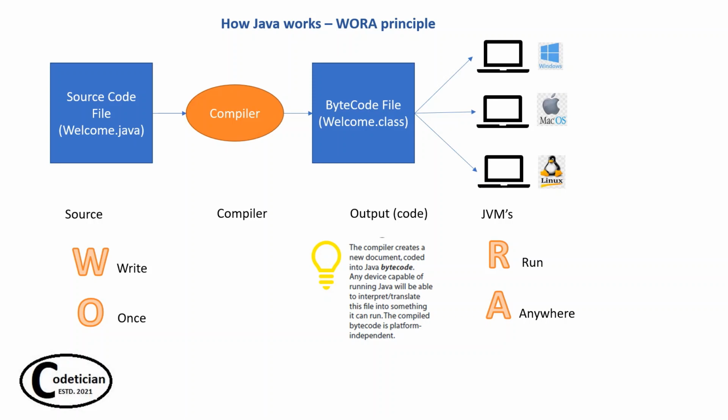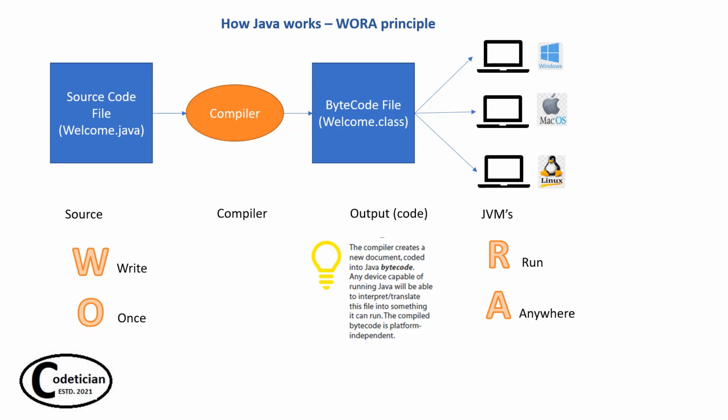Now, if you remember when we were doing a very simple program in our last video, we showed that when we compile the code, a dot class file was generated. This dot class file is a bytecode.